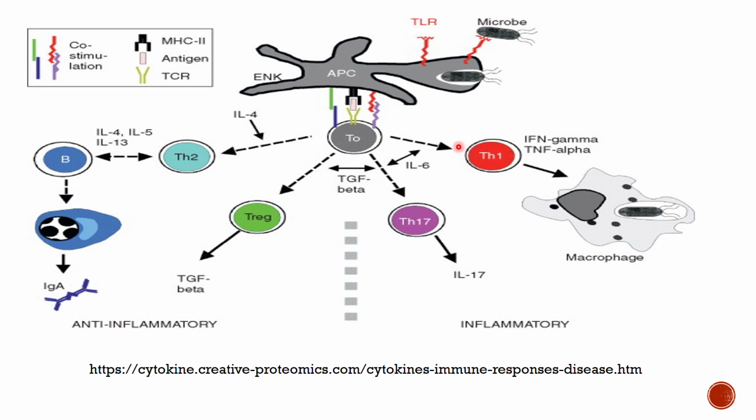There are T helper 1, T helper 17, T helper 2, and T regulatory cells. T helper 2 helps to activate B cells with the help of interleukin 4, interleukin 5, and interleukin 13. These help to secrete immunoglobulin A for inflammation, and macrophages.